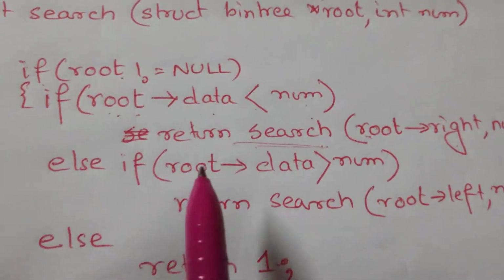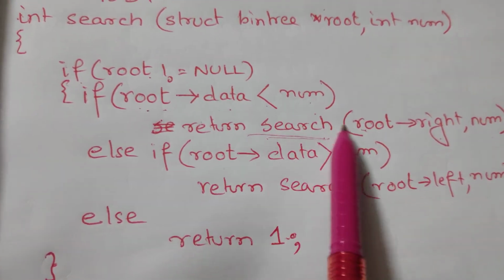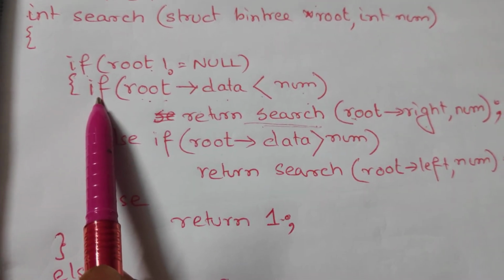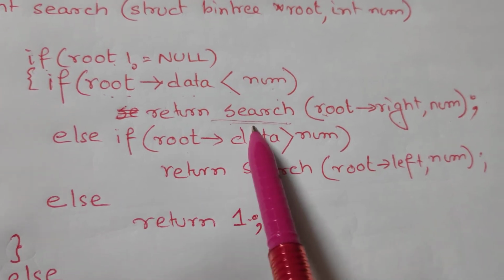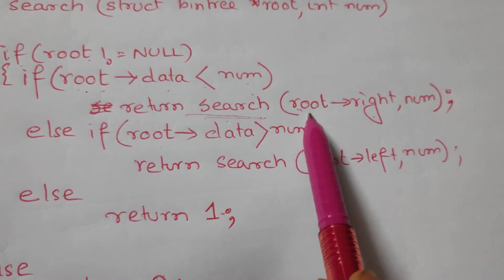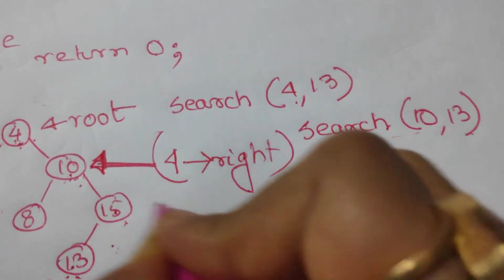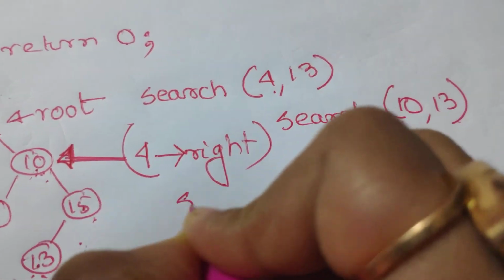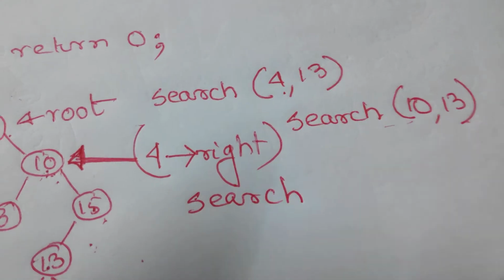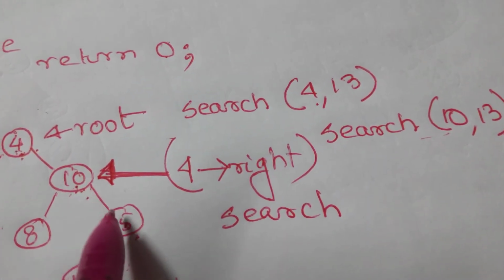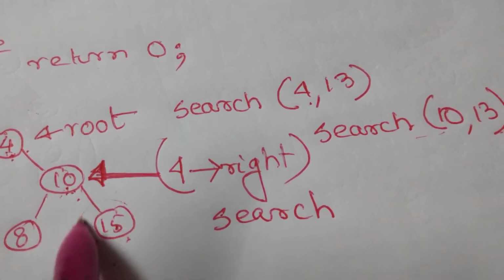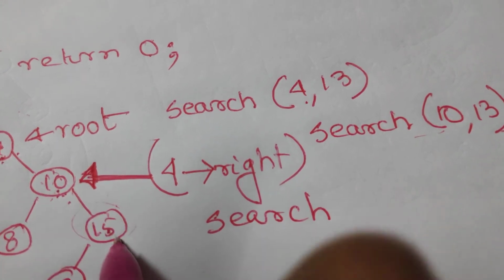So that is what we are doing. Since this if condition has become true, we will again call the search algorithm with root right and the number. Now what is root right? That is 15. 10 right is 15.